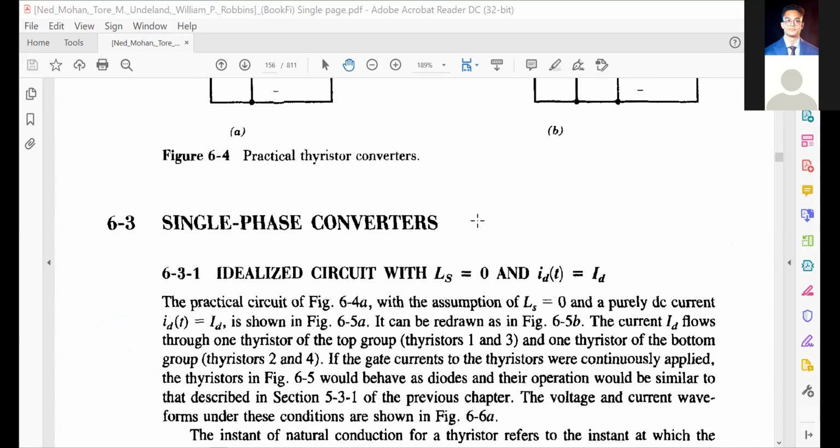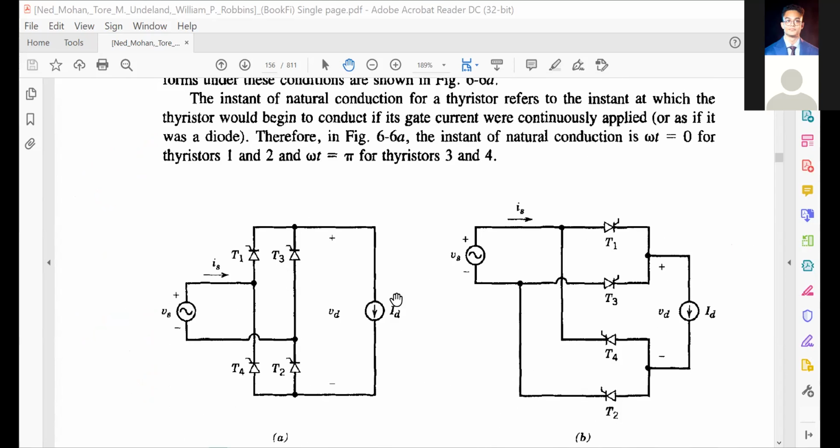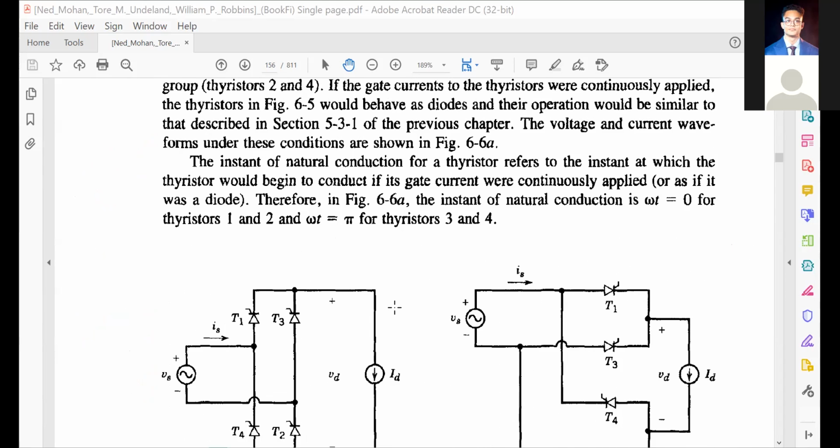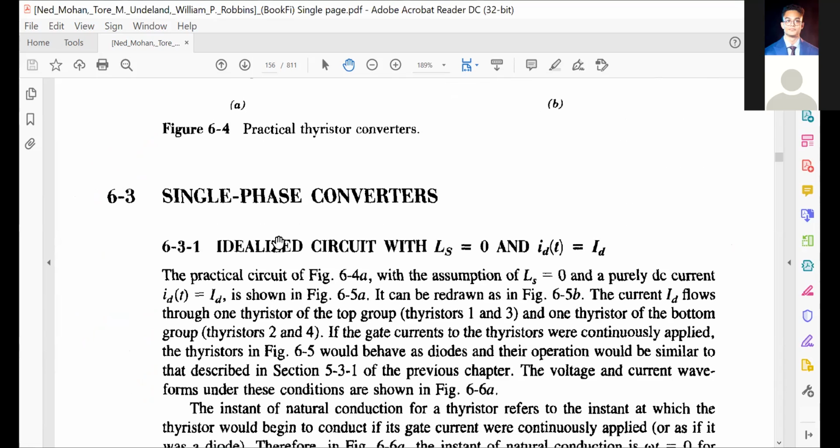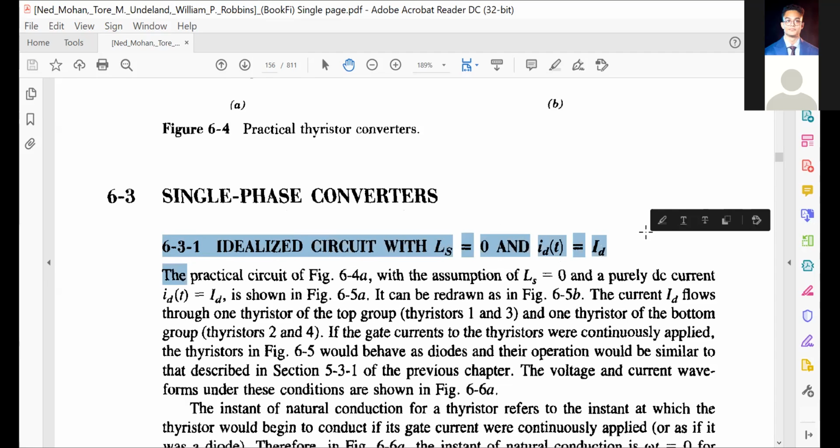So now let us start with the single phase converters. Here in your book, they have started with the highly inductive load, but I don't want to go directly for the highly inductive load. Let us study for the resistive load first. So if you look here at the highlighted portion, that will be an idealized circuit with LS equal to 0.